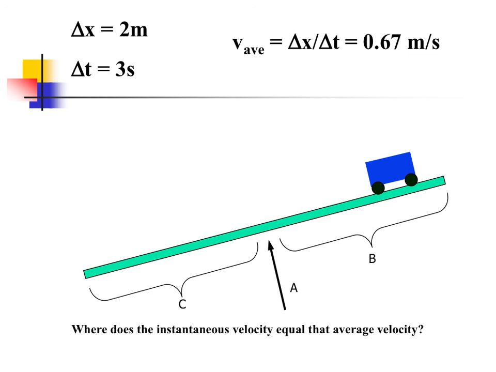Somewhere in your notes, it might not be a bad idea to try to guess, where does the actual instantaneous velocity equal the average? Is it somewhere in the B bracket? Is it at A? Or is it somewhere in the C bracket? Guess. As we continue through, kind of let it be known.